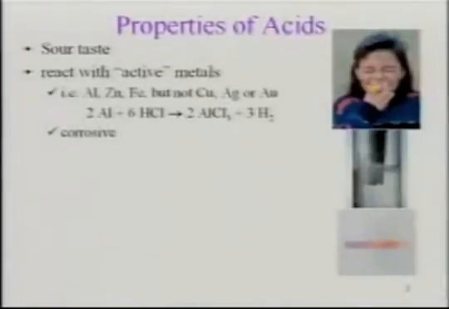Think about what is happening. Hydrochloric acid means that you've got a solution that's mostly water, and suspended in that water is a whole bunch of hydrogen ions and chloride ions all floating around. That's a hydrochloric acid solution. So when I drop in aluminum, the aluminum and the chloride gravitate towards one another.